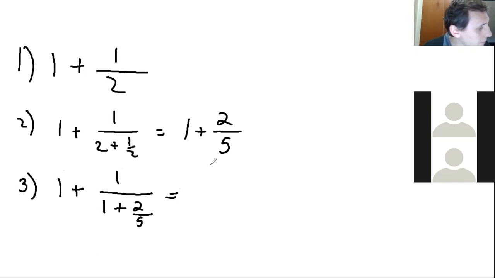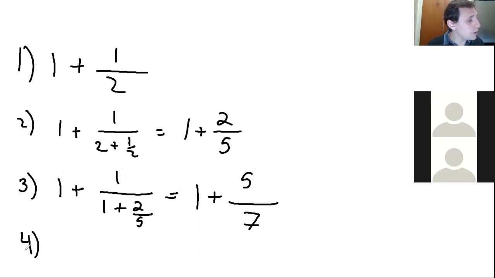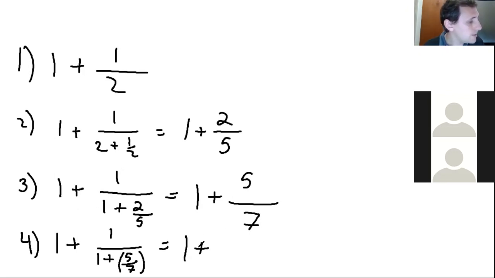So I multiply it by 5, so it's 1 plus 5 over 5 plus 2, that is 5 over 7. Next is 1 plus 1 divided by 1 plus 5 over 7. And that would be 1 plus 7 over 7 plus 5, and so on.